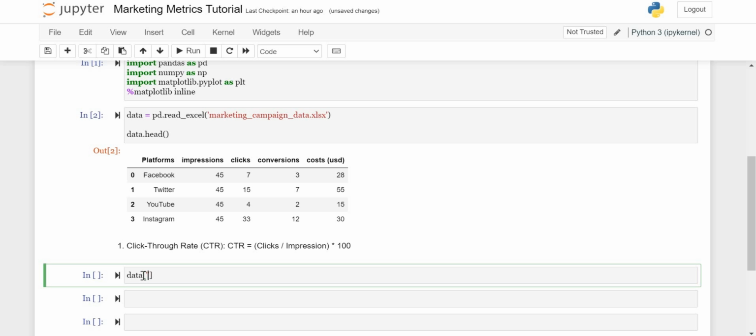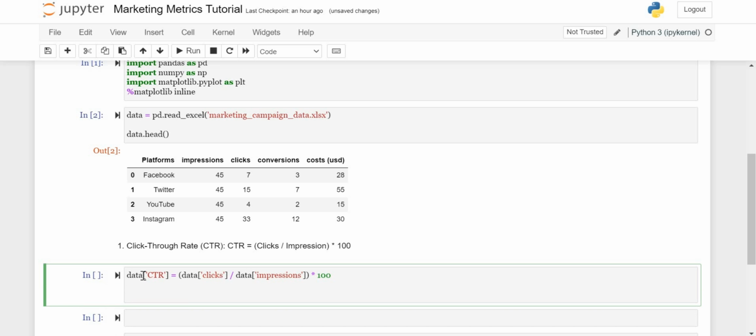Say CTR is equals to data, the column clicks, divided by data, column impressions, multiply by 100.